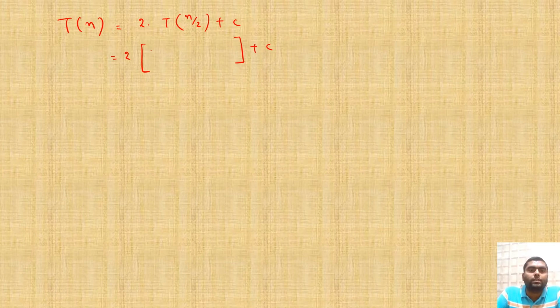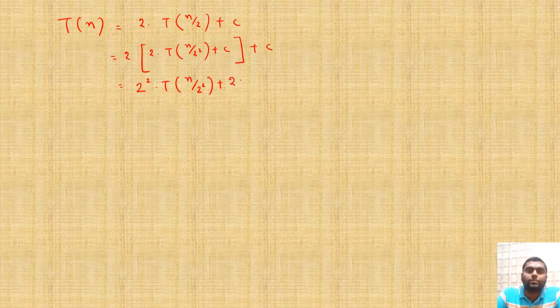So it is 2 multiplied by T of n by 4, and n by 4 means n by 2 squared, plus C. This 2 goes inside, so 2 raised to the power 2 times T of n upon 2 squared, plus 2 times C plus this C.